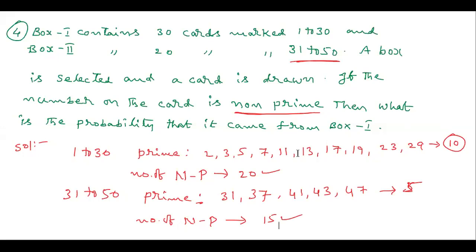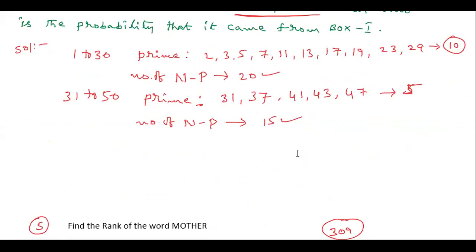Now by using Bayes' theorem, we need to find. Two boxes we can select, so the probability of the first box P of B1 is 1 by 2. Probability of B2 is 1 by 2.